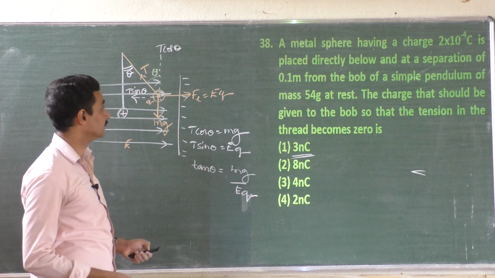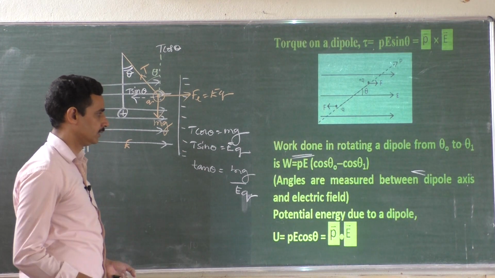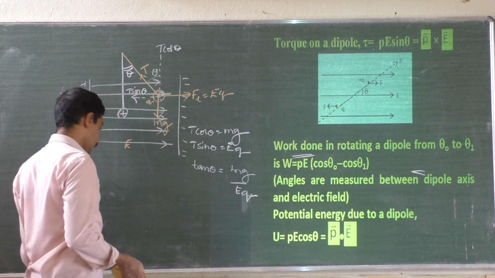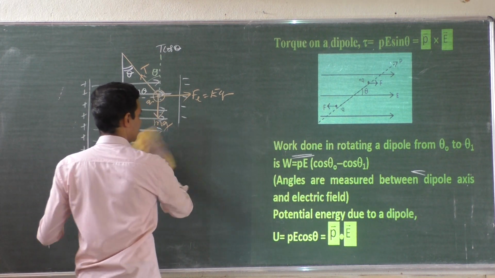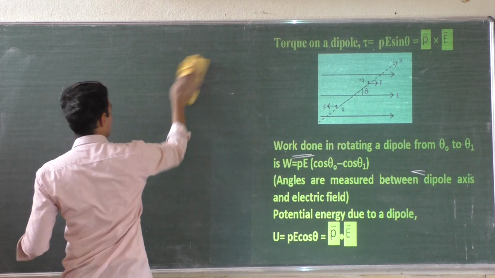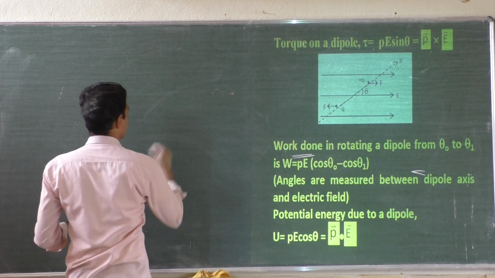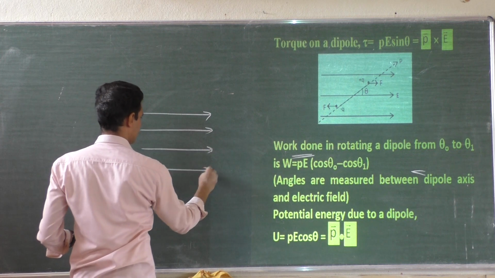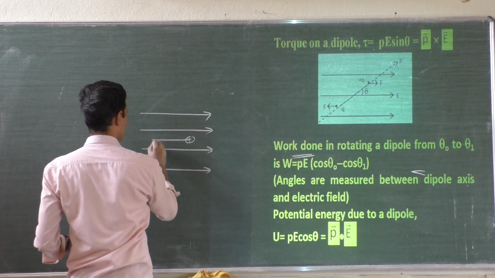Move on to the next one, 39. Yeah, torque. You know the formula for torque. Whenever a charged particle, or especially a dipole, is placed in an electric field, it experiences a torque. Suppose an electric field is like this, then the dipole will arrange itself like this.